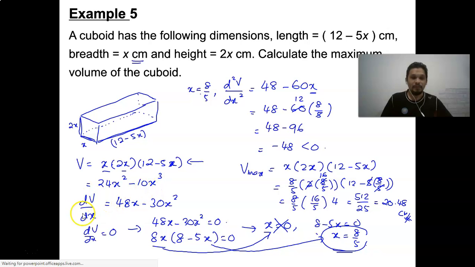Then we derive for the first time, we find dV/dx, 2 times 24 equals 48x, minus 3 times 10 equals 30x squared. And from here, we set dV/dx equal to 0. Then from here, we factorize 8.